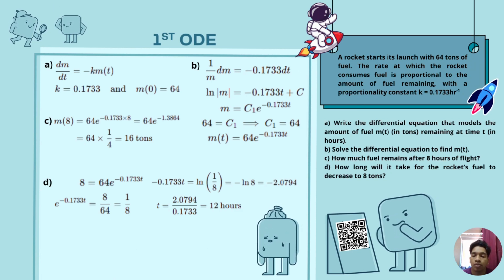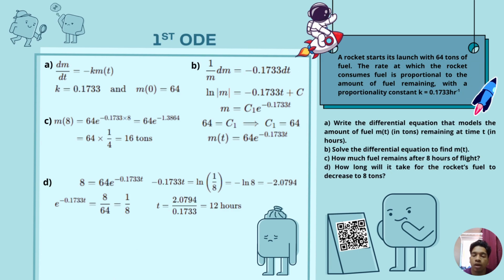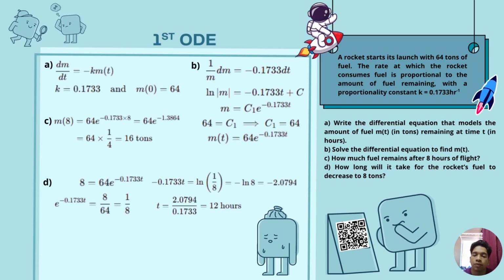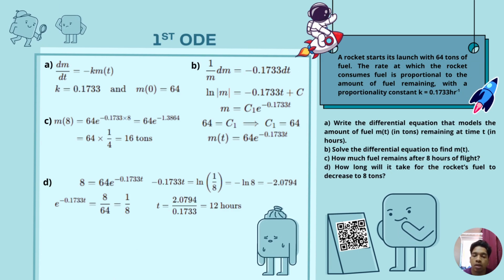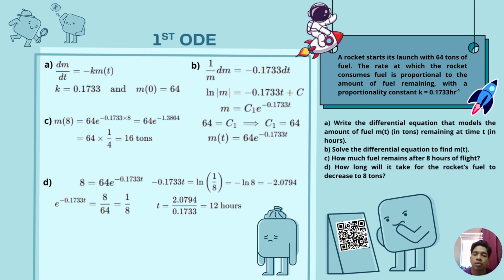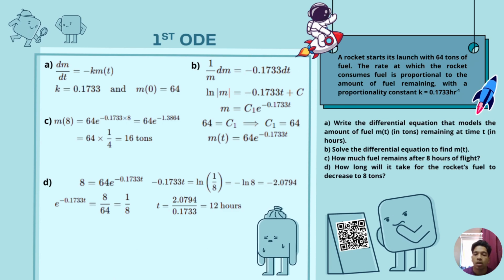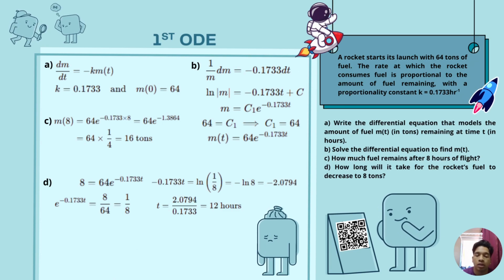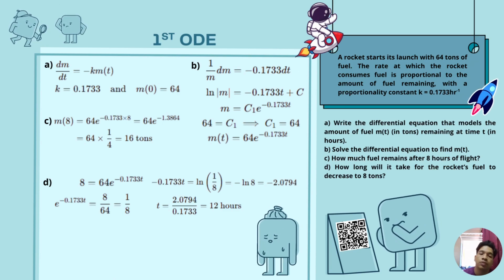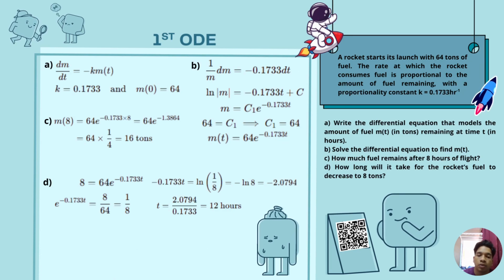Then we substitute c with 64, and we get m equal to 64 e to the power of negative 0.1733t.